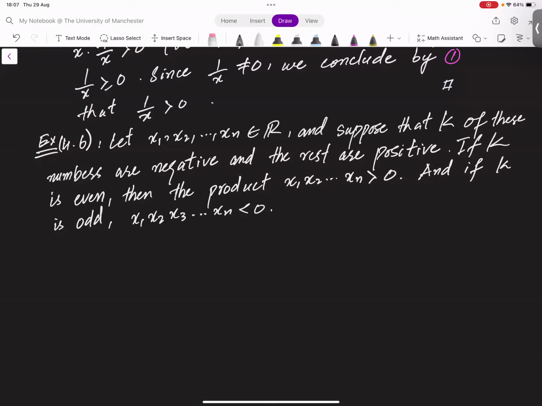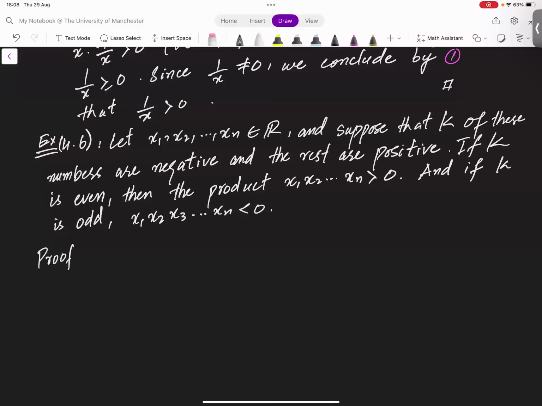This is interesting. So you have a bunch of real numbers and you say that k of them are negative and the rest are positive. Now, if k is even, then the product of these real numbers is positive or greater than 0. And if k is odd, then the product of these numbers is negative or less than 0.